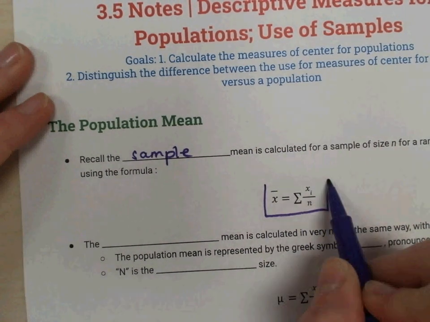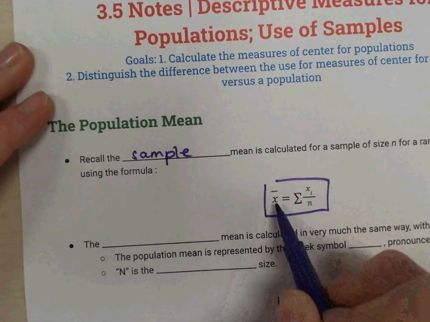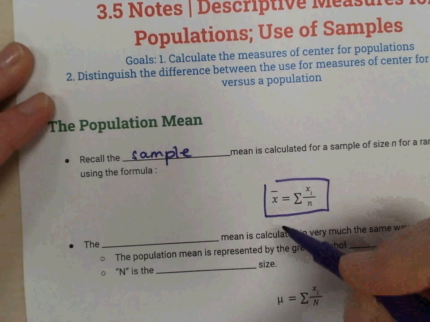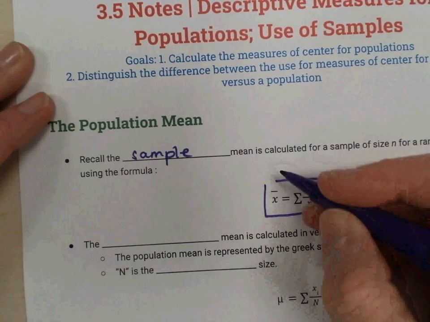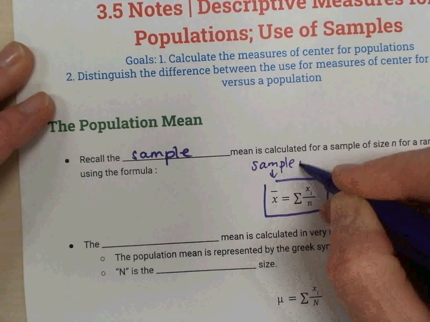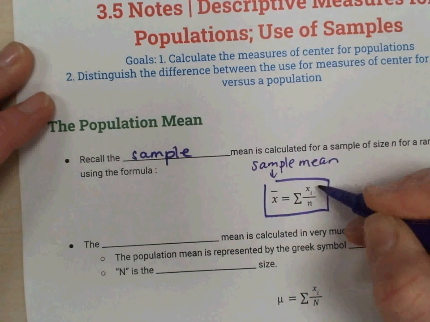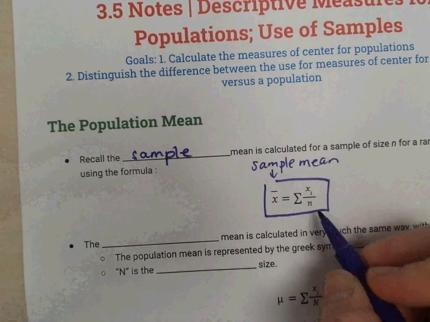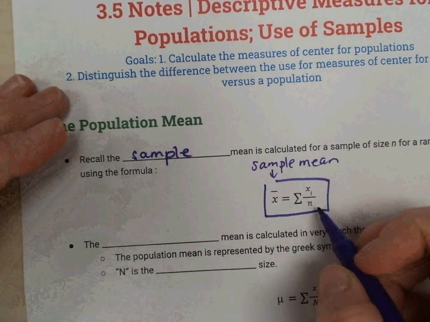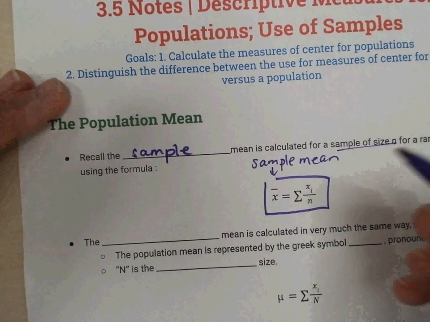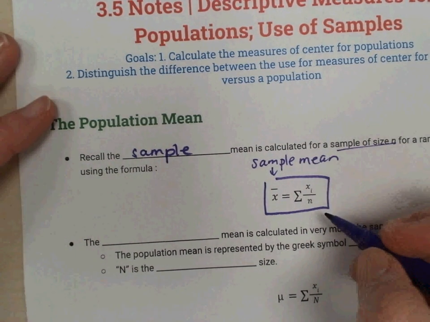X bar is how we say that, which is the symbol that we use for sample mean, equals the sum of all the x sub i's divided by the n, which is the sample size. And that's just our basic definition for average or mean.